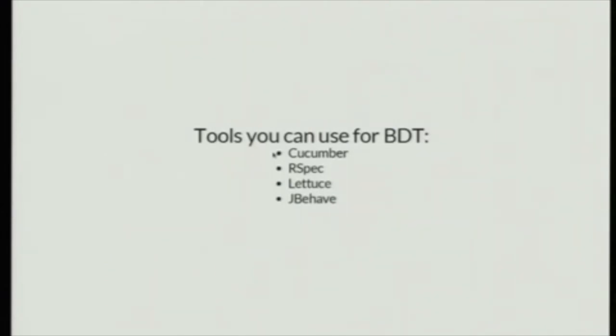Lettuce is similar, but here using Lettuce, you can map your code to Python. You can use this if you want to write your test cases in plain text using Python. JBehave, using JBehave, you can map your test to Java code.